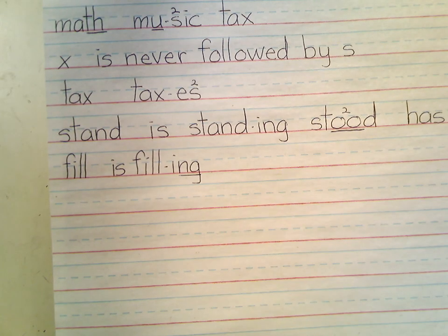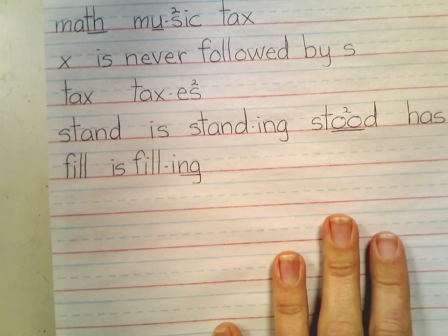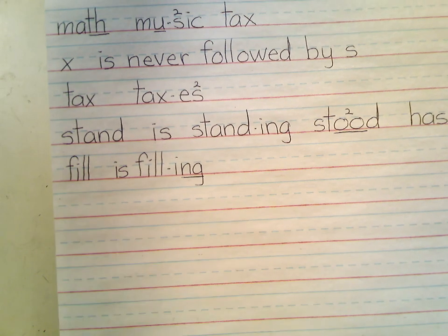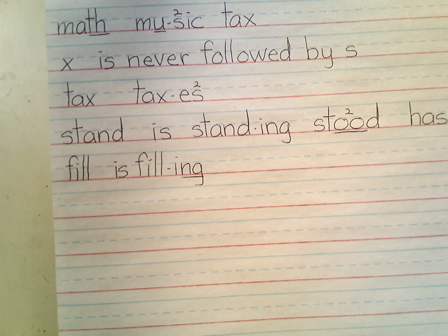See how many syllables filled is. Filled. Remember, ed-dit often does not get its own syllable. And this is an example. So we're just going to write the base word, stick the ed-dit on, no syllable break. Go ahead and do that for filled.